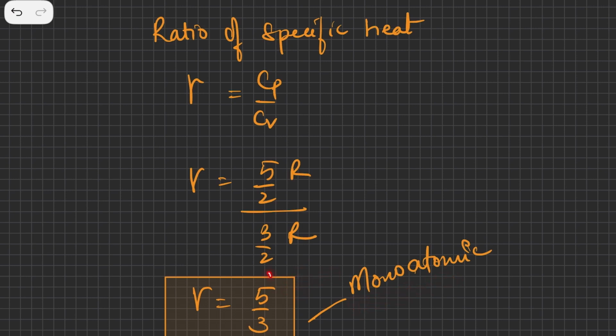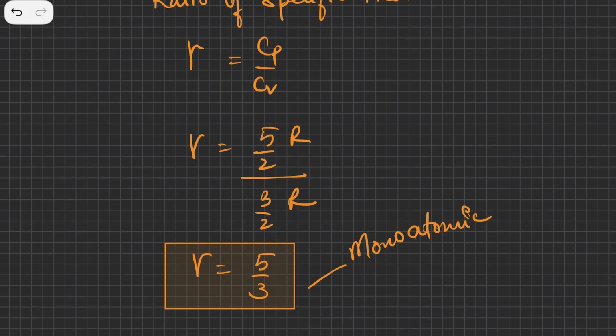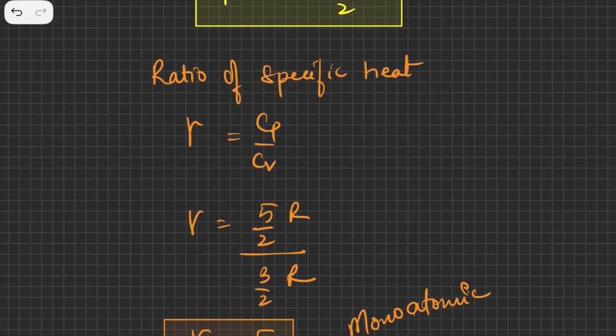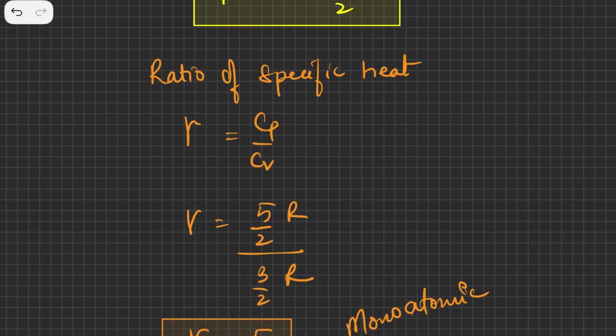And if gamma is given as 5 by 3 in some numerical or MCQ, then you should understand that the gas is monoatomic. So this gamma becomes the signature of a monoatomic gas. So this is all about monoatomic gas.